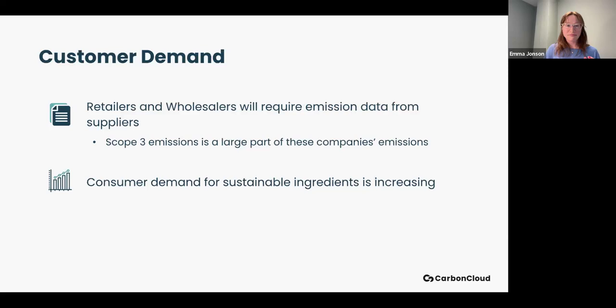Yes. Then, of course, it is also the customer demand aspect of things. So retailers and wholesalers will require emission data from suppliers. And since this is very much a value chain question, supplier engagement is becoming more and more important for these assessments.